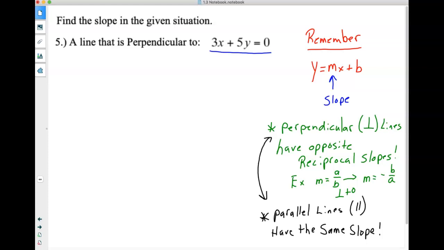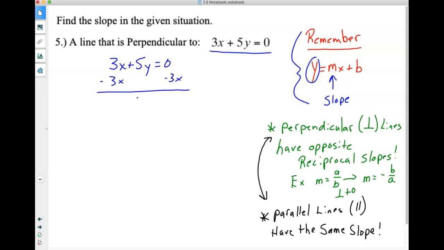So because I want to remember my slope-intercept form of a line, what I'm going to do is take my 3x plus 5y equals 0, and I just want to solve it for my y. Okay, so that means I'm going to subtract 3x from both sides, and I'm going to get 5y equals negative 3x, and then I divide by 5.